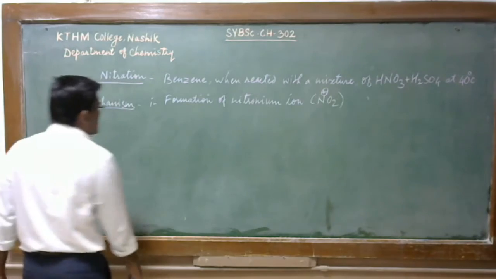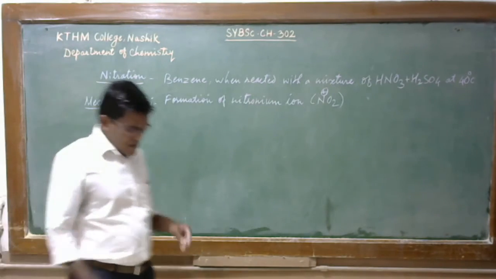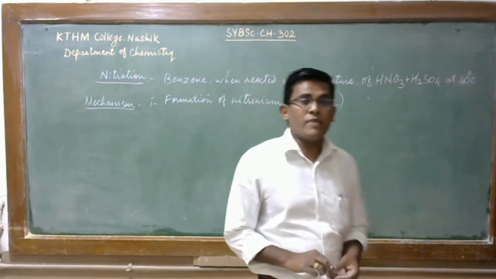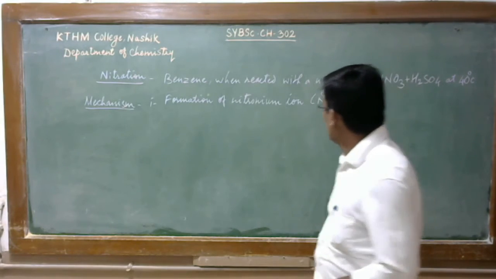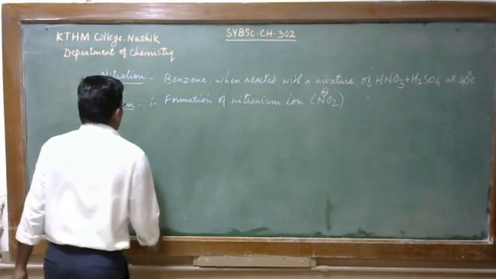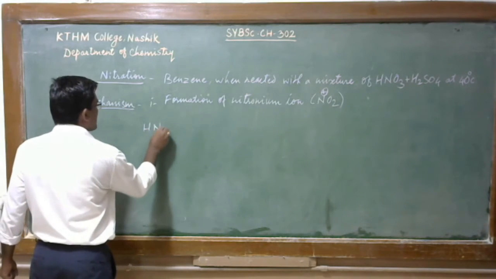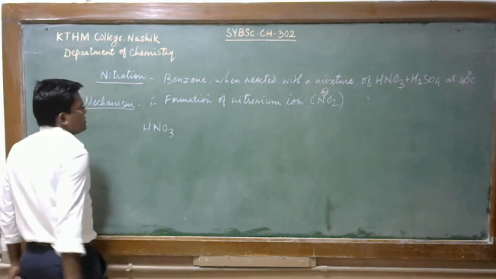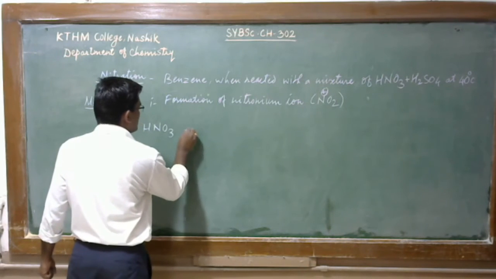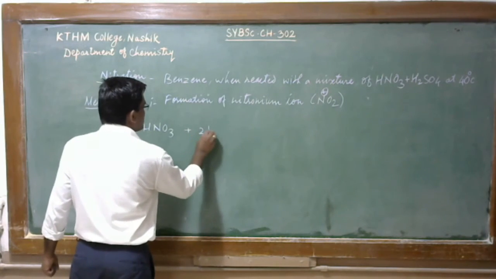So in the first step, the nitronium ion can be generated in the presence of H2SO4. So HNO3, that is nitric acid, plus H2SO4.